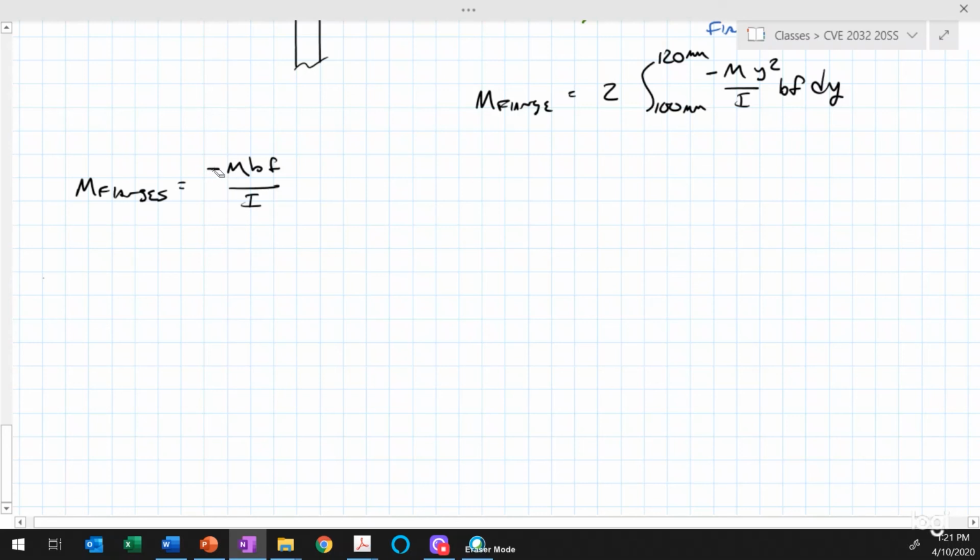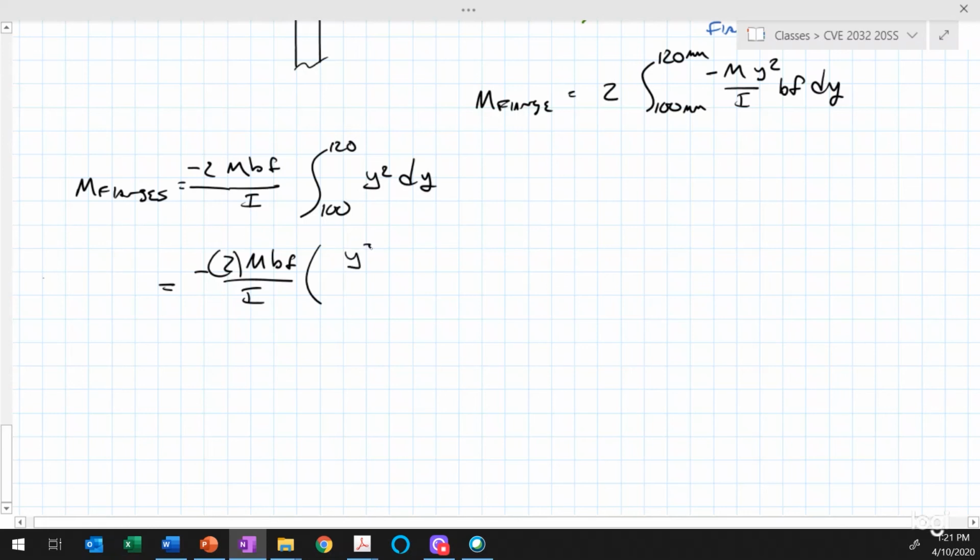There's also a 2 in here, so I'll put minus 2, bring that line over, and then this is times the integral from 100 to 120 of y squared times dy. So this is equal to minus 2 times, I'll just keep it in terms of the variables now, and then we evaluate y cubed over 3 from 100 to 120.